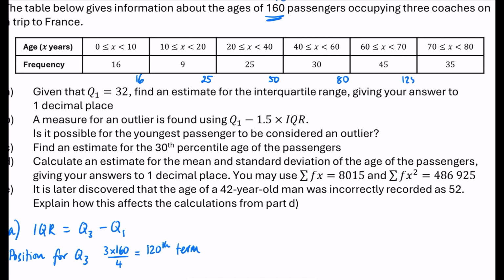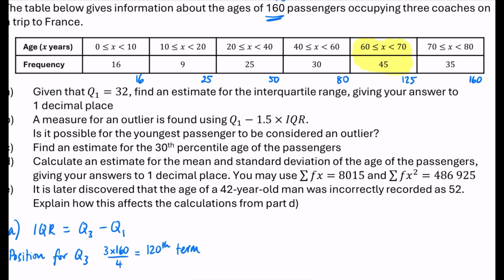This will go up to 125, and 125 plus 35 gives us that 160, which is our n that we've got there. So we are looking for, where is the 120th term? Well, this takes me up to 16, this takes me up to 25, this takes me to 50, this takes me to 80, this takes me to 125. So I know that this group here is where the 120th term is.